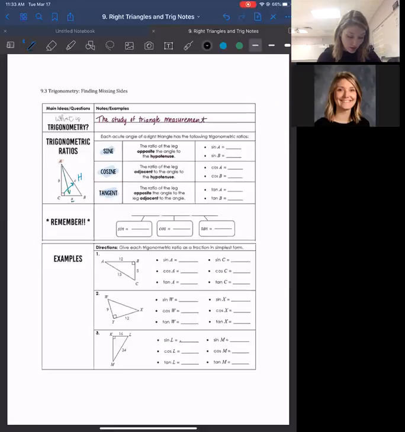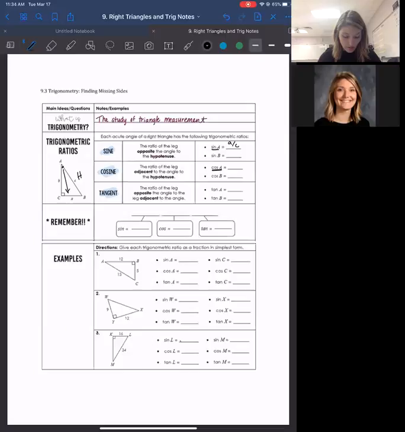Okay, so if I walk through each of these here, the sine of angle A, so here's angle A, sine is going to be opposite over hypotenuse. So here's opposite, and of course we know C is the hypotenuse. So this is going to be A over C. Cosine, I'm just going to do all the A's here.